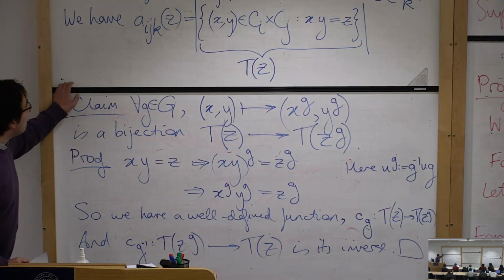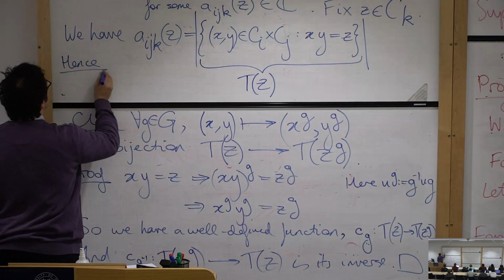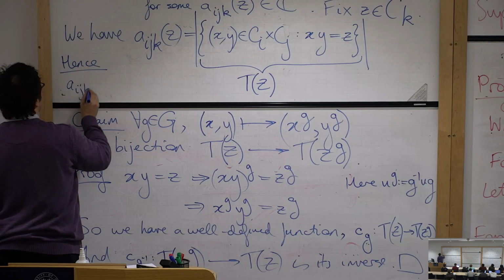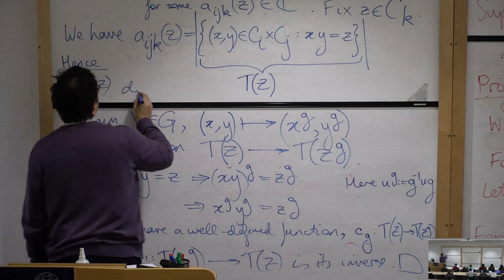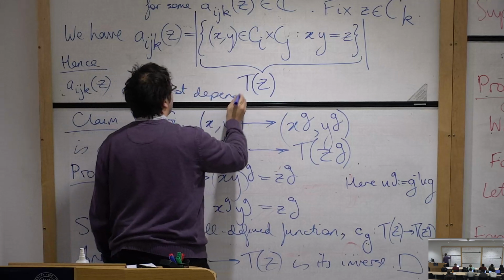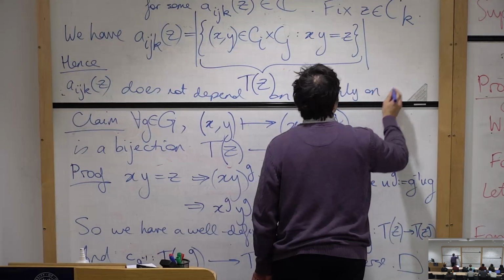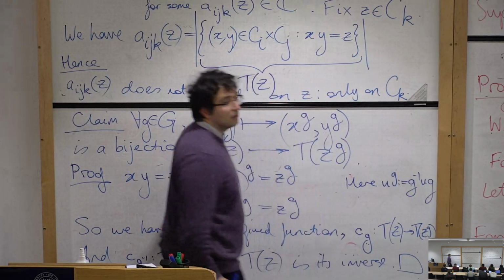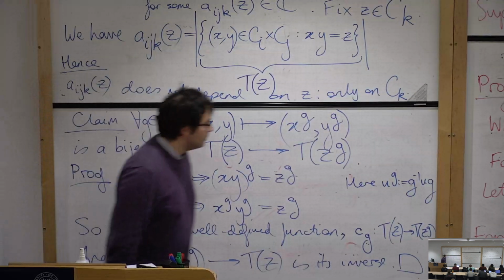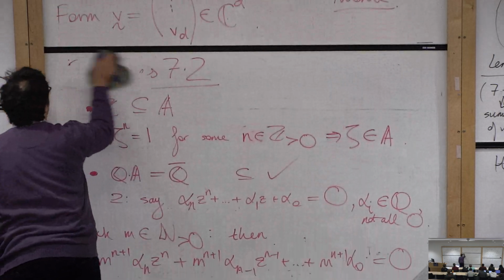So therefore, that's great news. Hence, A, I, J, K, of Z does not depend on Z, only on the conjugacy class. That's it.